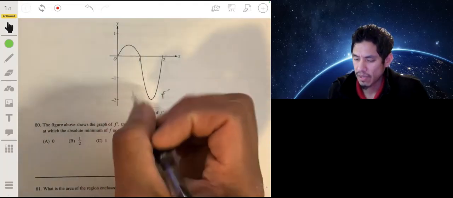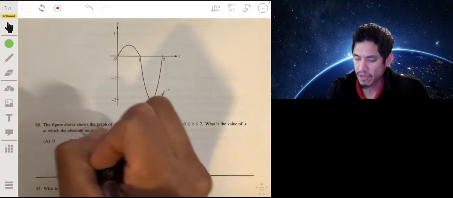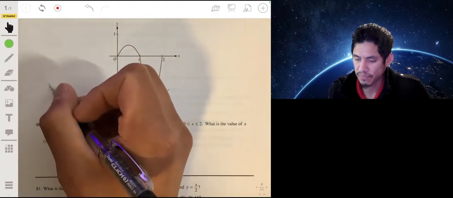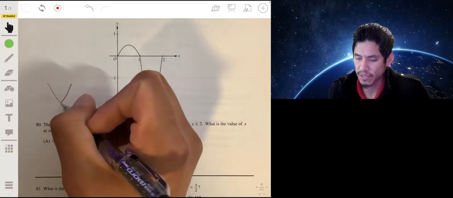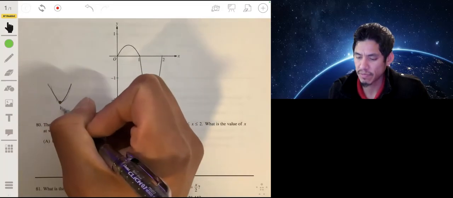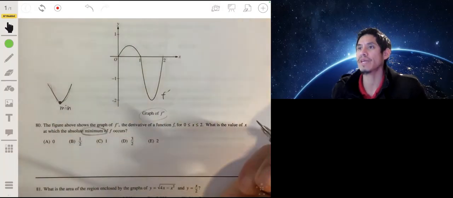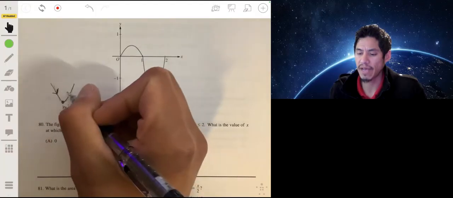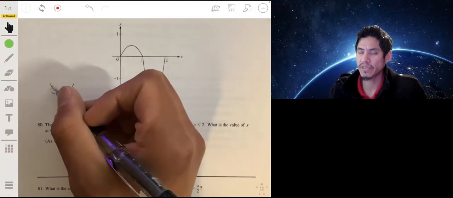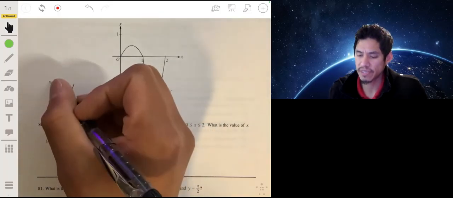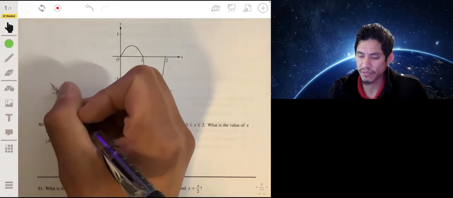So let's remember and understand that the minimum of a function occurs when the function is at its basically lowest point. So maybe you have an example of a function that goes like this. This would be a minimum. And the idea is to recognize what the function is doing before the minimum and after. For it to be a minimum, in general, the function is going to be decreasing, and that means the derivative will be negative.